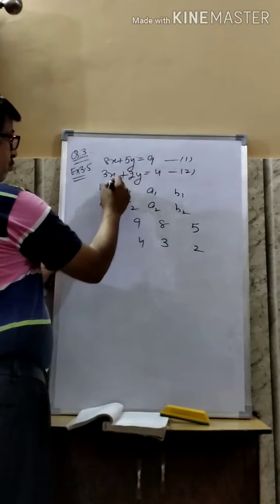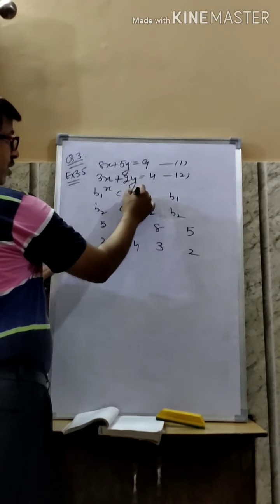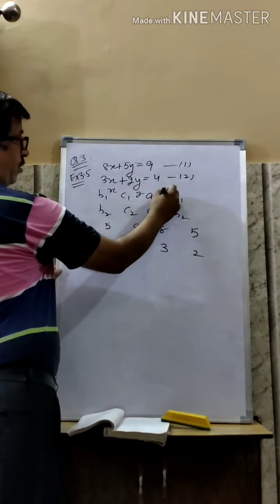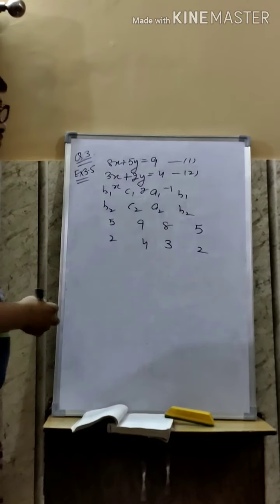So first column is x, second column y, third column you write minus 1.